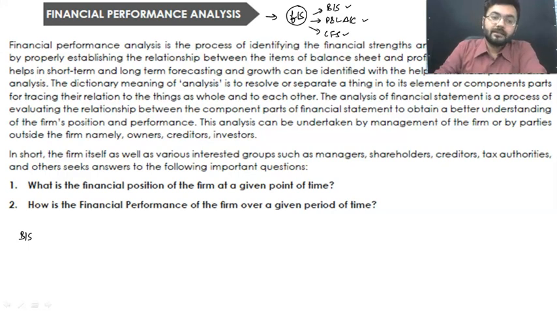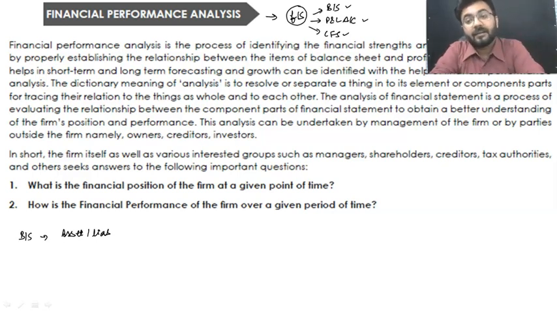Balance sheet is going to tell us how much is our worth in assets and how much are our liabilities. The relation between assets and liabilities is indicated in the balance sheet. When it comes to profit and loss account, they clearly mention the various expenses which we have incurred, and what about income.